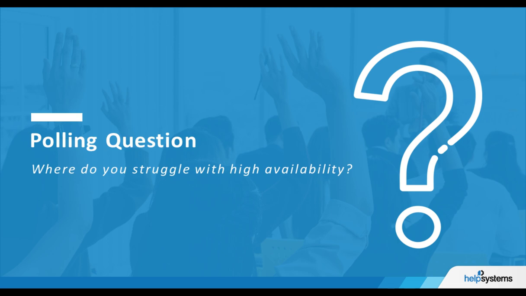Yeah, fantastic. So polling question 2. We're trying to educate you today, tell you what's out there, but where do you struggle with high availability? We've got a number of options here. Maybe your company doesn't have any or enough expertise to look after your current solution.